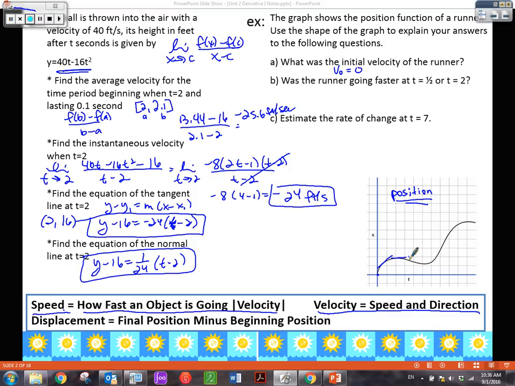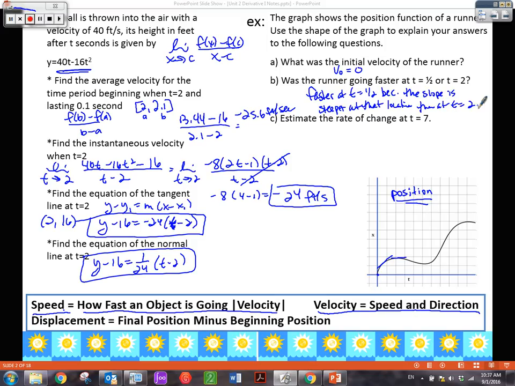So I said faster, so the runner was faster at t equals 1/2 because, and you can do the abbreviation BEC period if you want to, so because the slope is steeper at that location than at t equals 2.